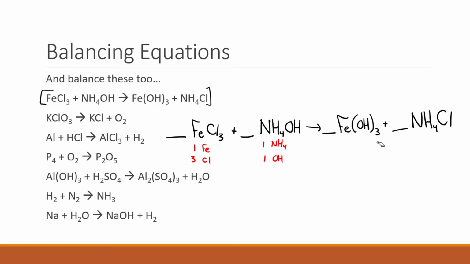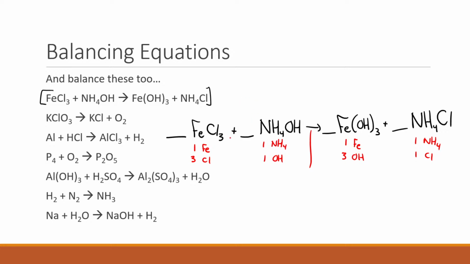And that actually saves us a little bit of a headache. So when we come over here, we get 1 iron and 3 OHs, 1 NH4, and 1 Cl. And now instead of having to balance out N's, H's, and O's separately, we've treated them like polyatomic ions, which cleans up this whole process a little bit.